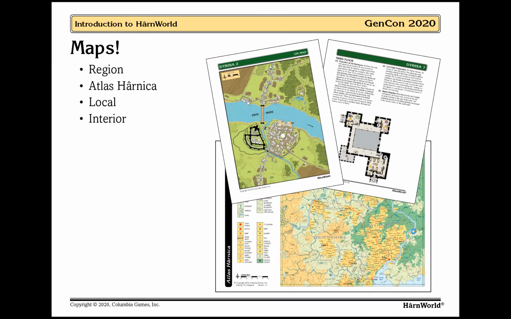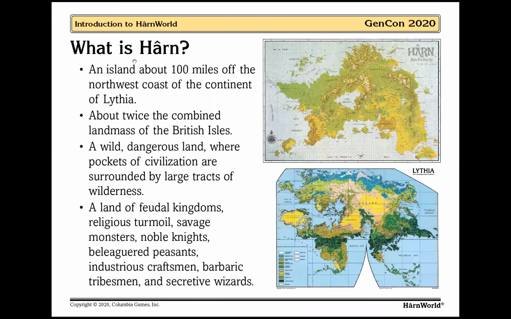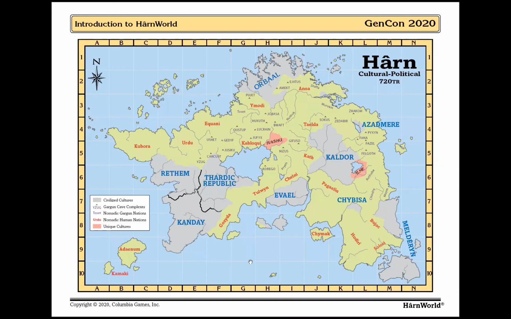So actually, if I jump back to here, you'll notice the squares marked on this map. So if I look at, say, D9, which is the tip here of Candé, that square has a map just for it.